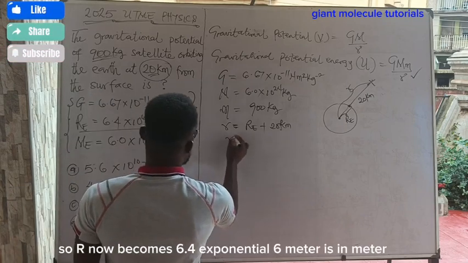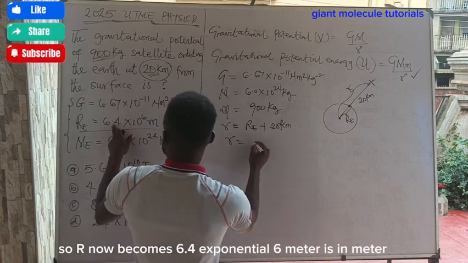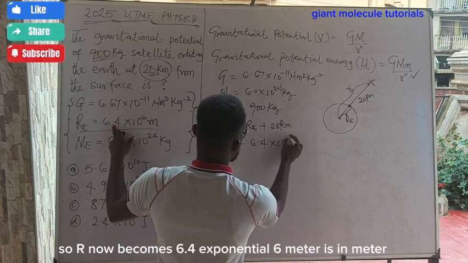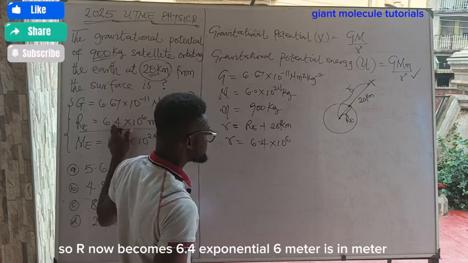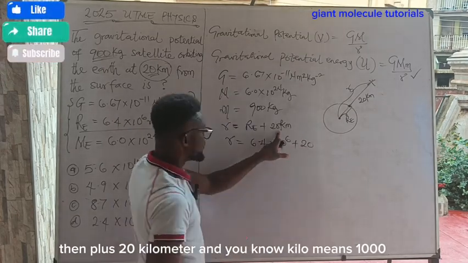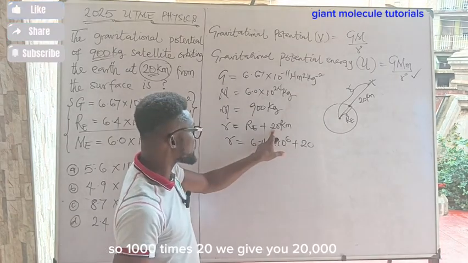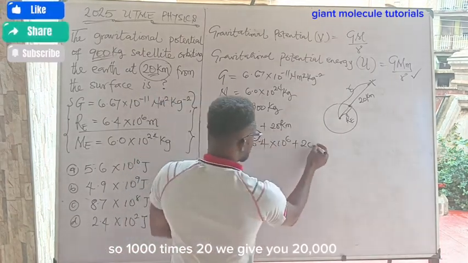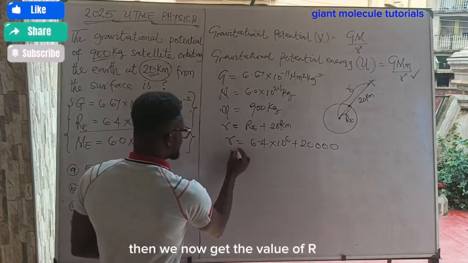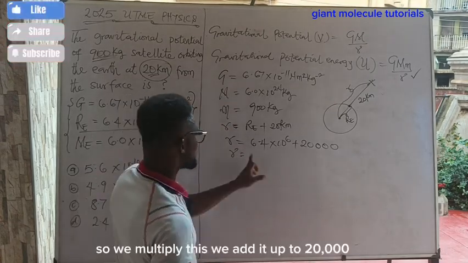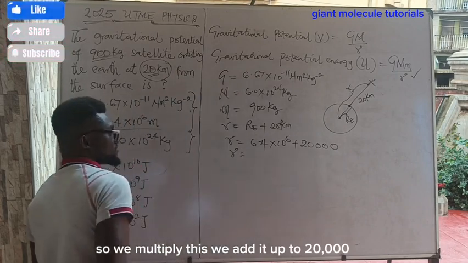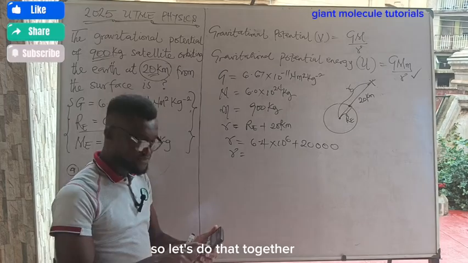So R now becomes 6.4 exponential 6 meter, then plus 20 kilometer. And you know, kilo means 1,000. So 1,000 times 20 will give you 20,000. Then we now get the value of R. So we add it up to 20,000. So let's do that together.